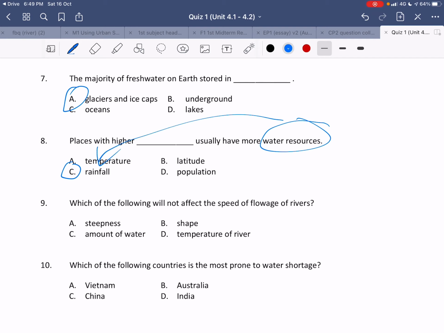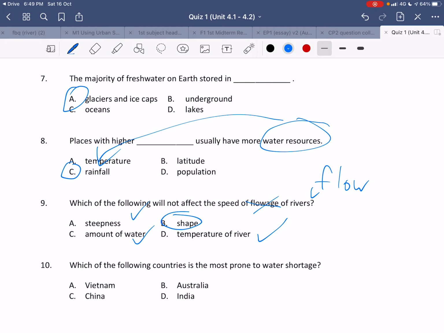Which of the following will not affect the speed of the river flow? Steepness, right? And then temperature of the river, because it may be blocked if it's iced. And then amount of water shape. What's that? I don't know.